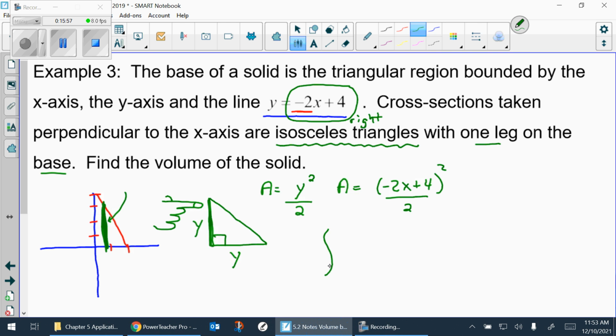If I take the integral of this area, I'm going to pull that 2 on the bottom out front by calling it a half. This is the area of each slice. I'll multiply by the thickness of each slice, and then come back to the original drawing to see where this region begins and ends in terms of x.